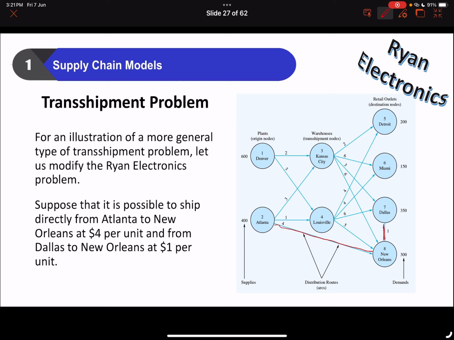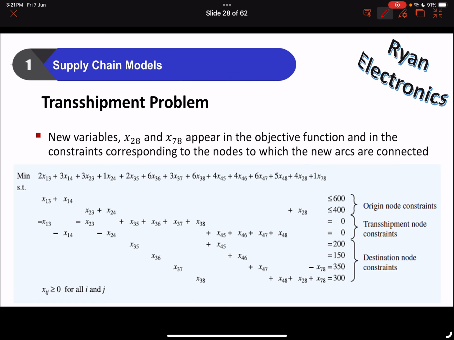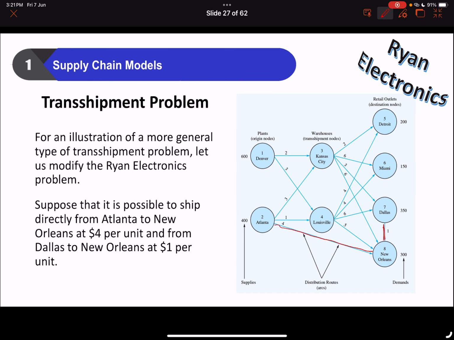Okay, so now we must add this into our linear programming model. So we have a new variable x28, and we also have a new route, so a new variable x78.